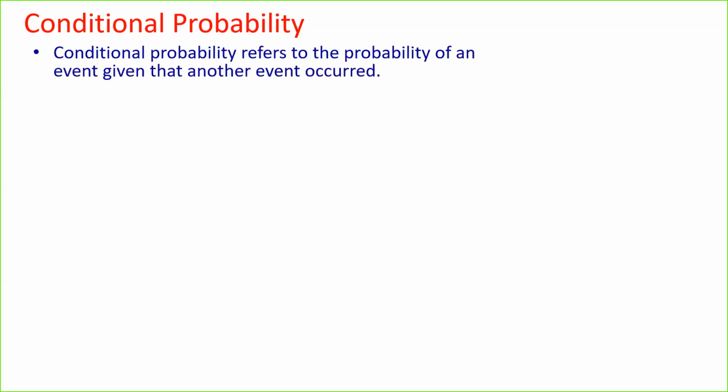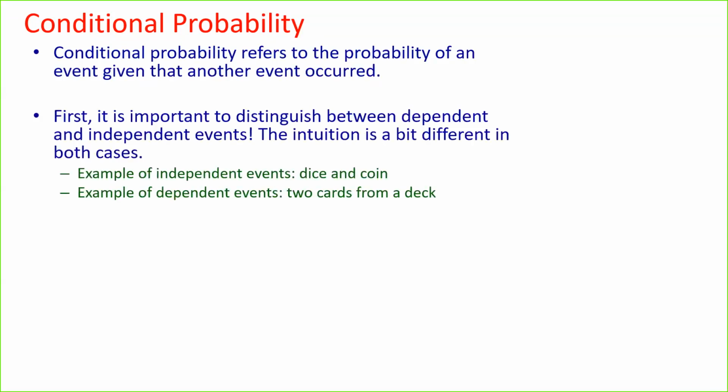Conditional probability refers to the probability of an event given that another event has already occurred. So what do we mean by dependent events and what do we mean by independent events? Let us understand these two concepts through examples.